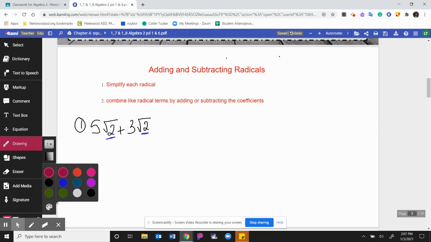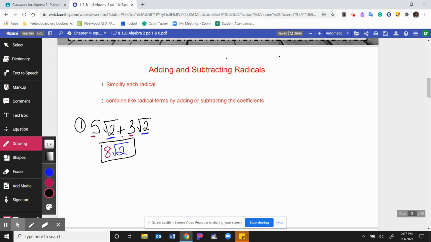When I say coefficients, I'm talking about the numbers that are on the outside. Okay, so since the numbers on the inside are the same, I can now add the numbers that are on the outside. So 5 plus 3 is 8. And then since I have the same number underneath the square root sign, I just bring that down, and I get 8 times the square root of 2, and we are done right there.